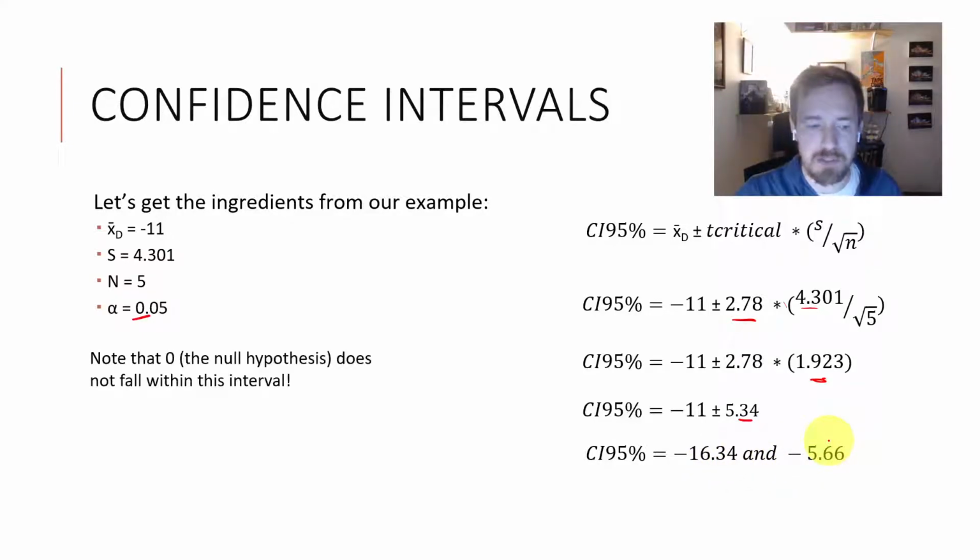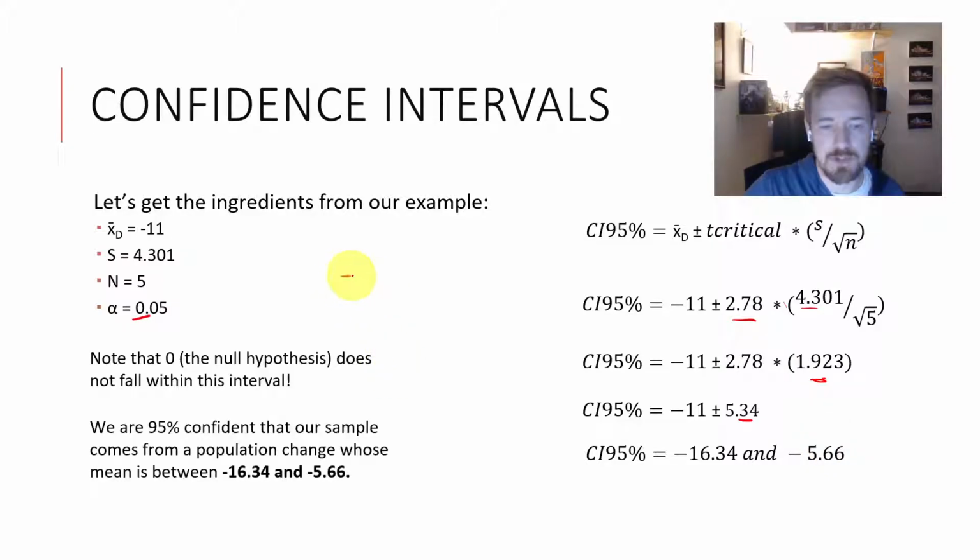So how do we interpret that? We would usually write this out something like this, where you have it in brackets, and the low number is always on the left, the high number is always on the right. How we would say this is that we are 95% confident that our sample comes from a population whose mean is between these values.